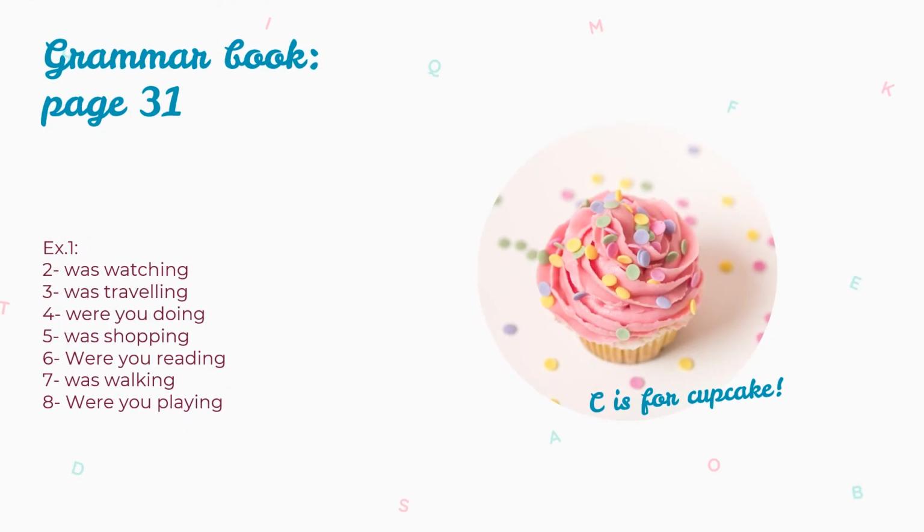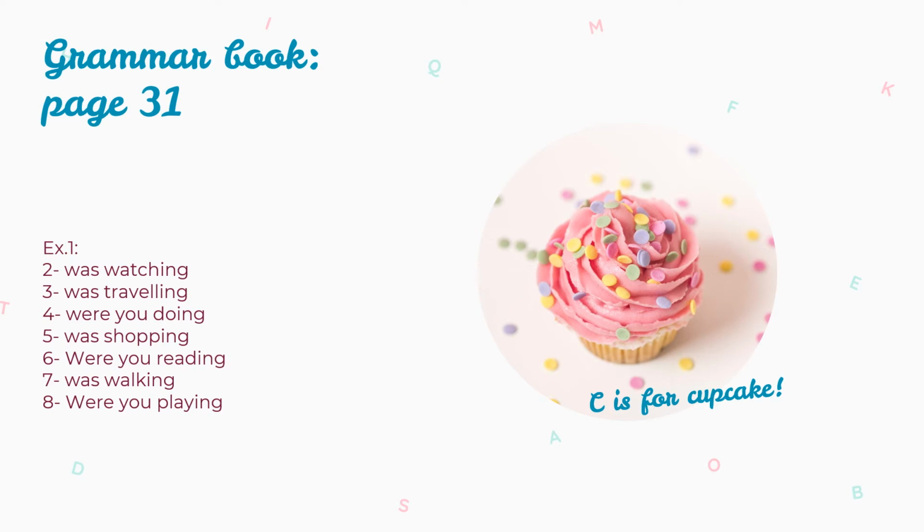Now let's practice these new ideas in your grammar book, page 31, exercise number 1. In this exercise, we have to read the sentences and fill in the past continuous verbs in the brackets.